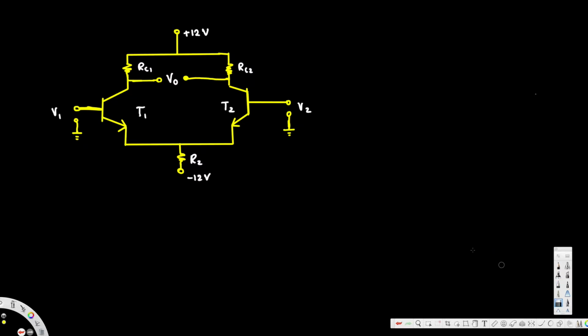If this one is removed and the V output is connected to the ground here, this is called double-ended input and single-ended output. And if the V2 input is short circuited and connected with this one, this is called single-ended input and single-ended output.